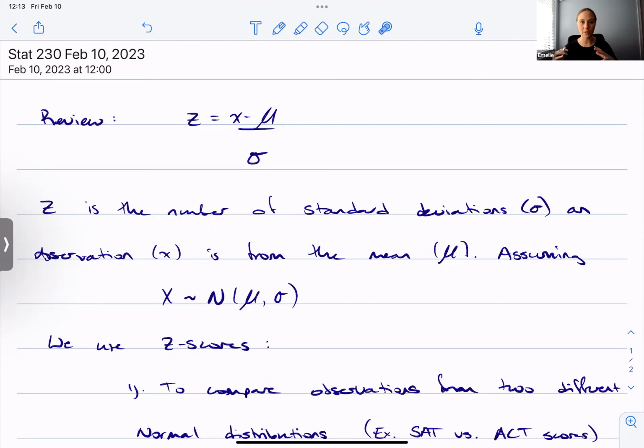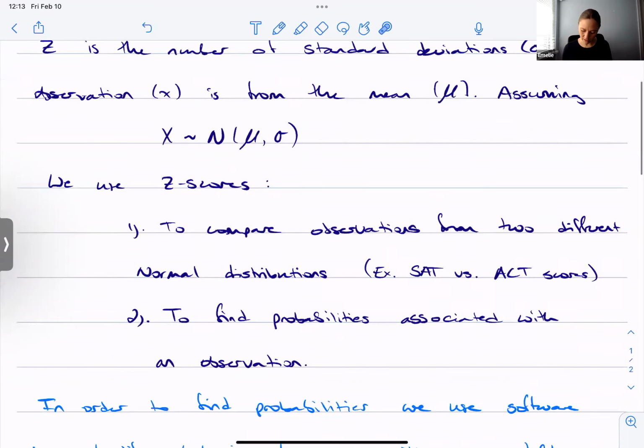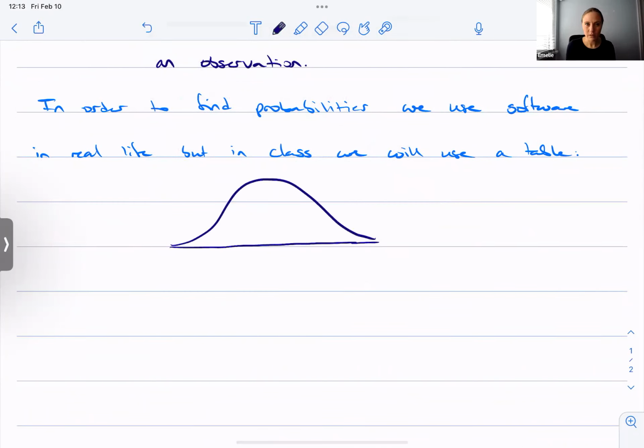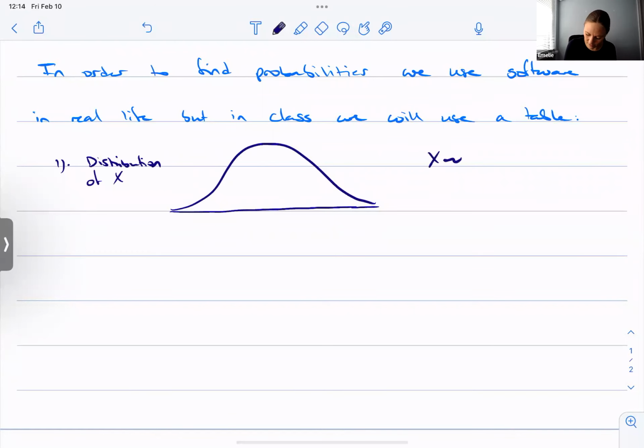So maybe we should visualize it. The first thing we do is we have the distribution of X. Here X follows a normal distribution with a mean mu and a standard deviation sigma.